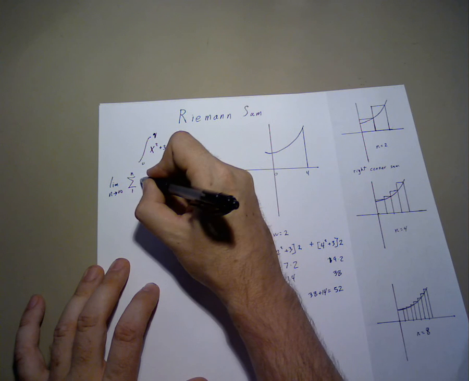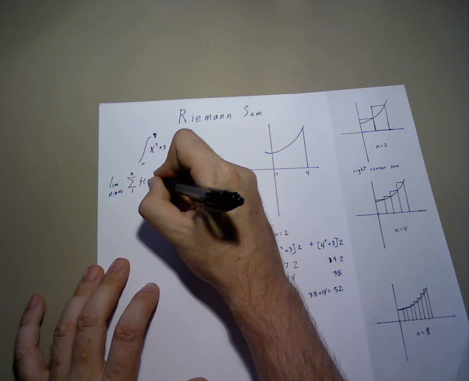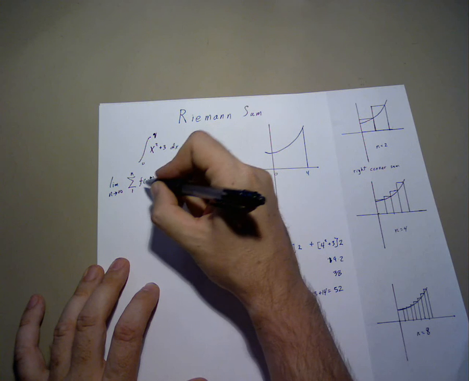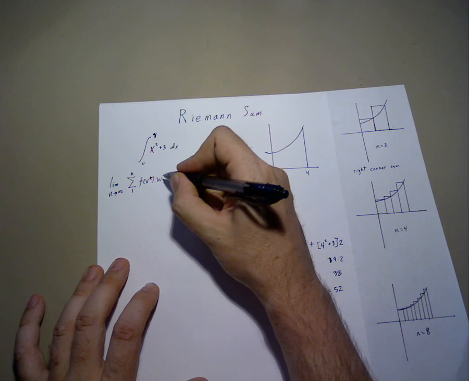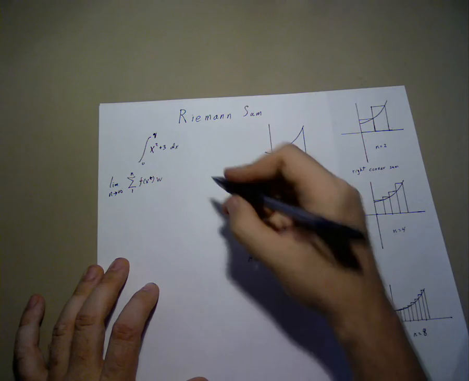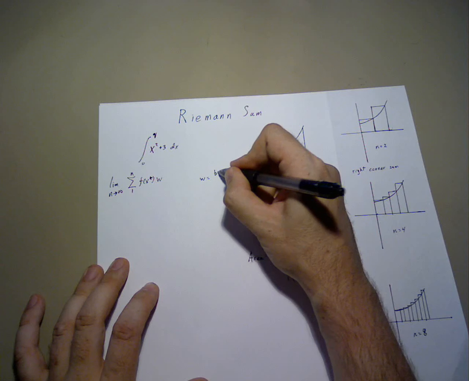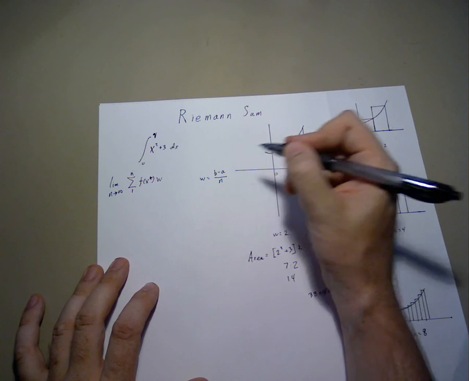The area of each rectangle will be the height of the rectangle, f of x star, times the width of the rectangle. The rectangle width is given by b minus a over n.